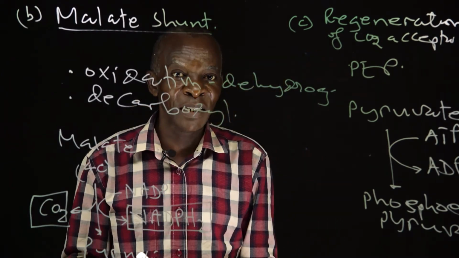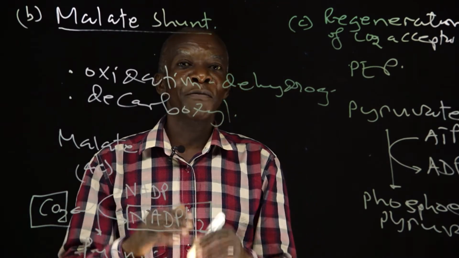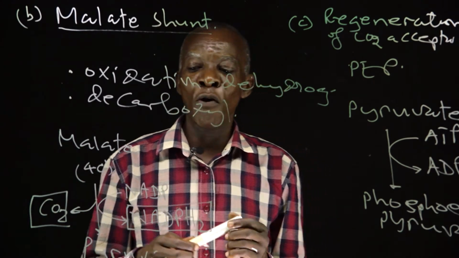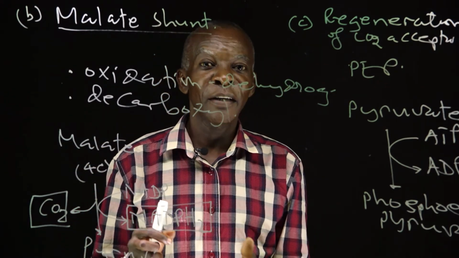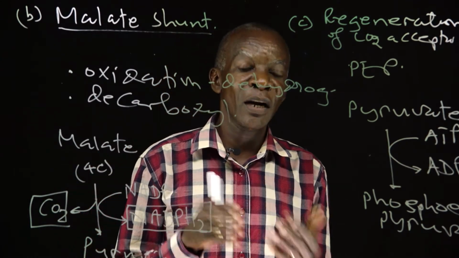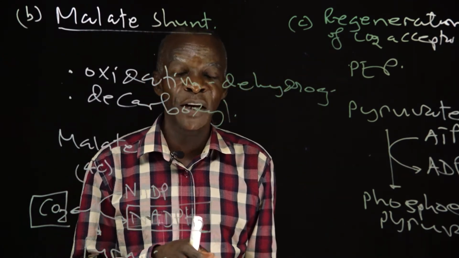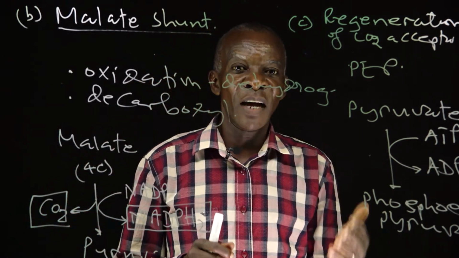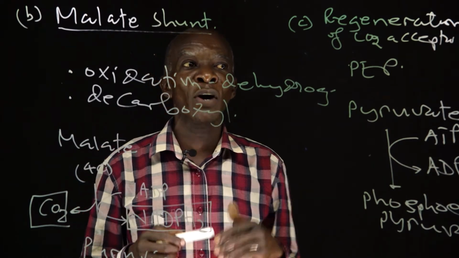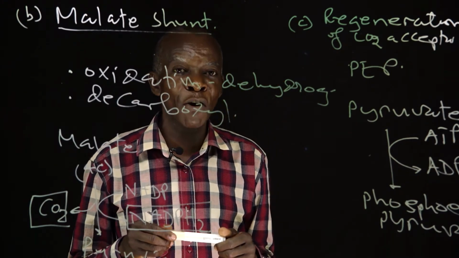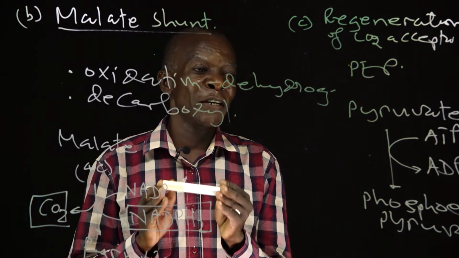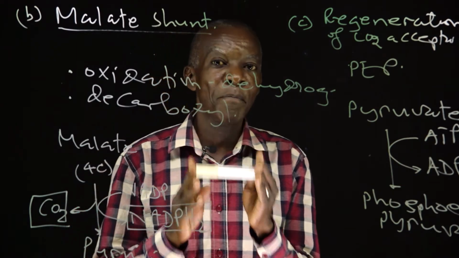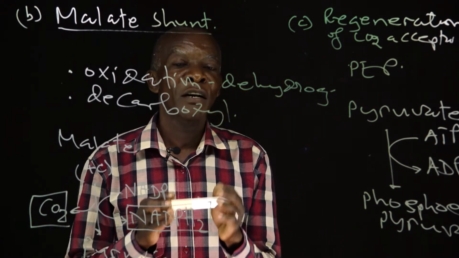And this malic acid is transported from the mesophyll cells into the bundle sheaths, where it is used to form pyruvic acid when it undergoes oxidative decarboxylation, oxidation by dehydrogenation, and loss of carbon in the form of carbon dioxide. The third step involves the regeneration of the carbon dioxide acceptor, phosphoenolpyruvic acid, from pyruvate. This is achieved by phosphorylation of the pyruvate by an inorganic phosphate from ATP.